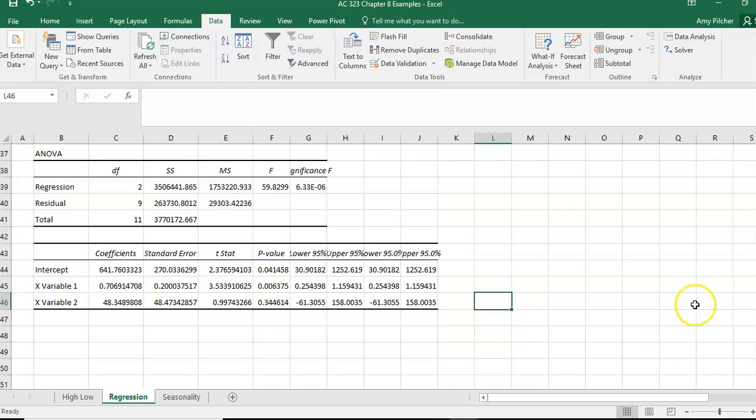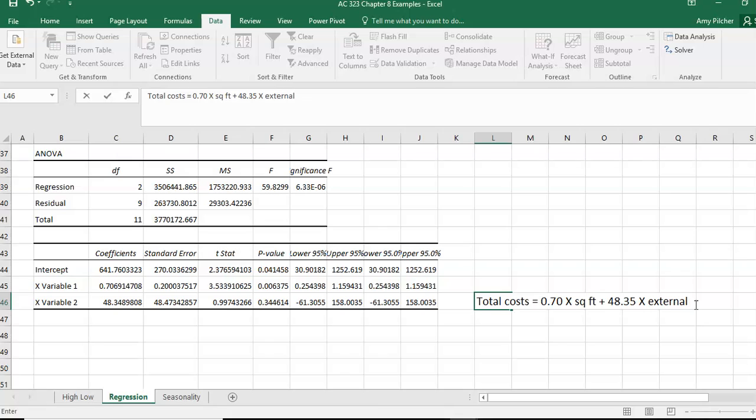So our cost equation then would be total cost equals 70 cents times square feet plus $48.35 times external openings plus total fixed costs of $641.76.